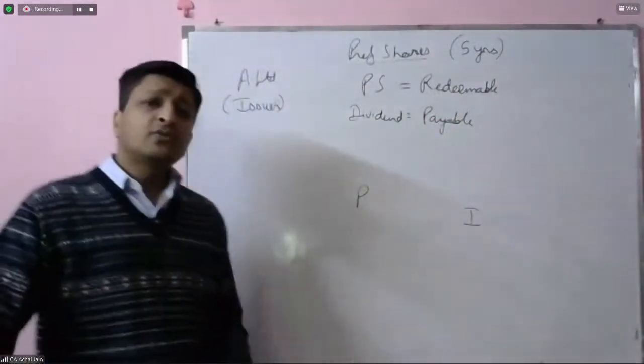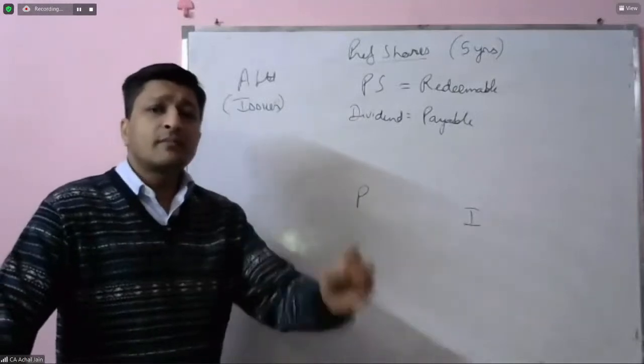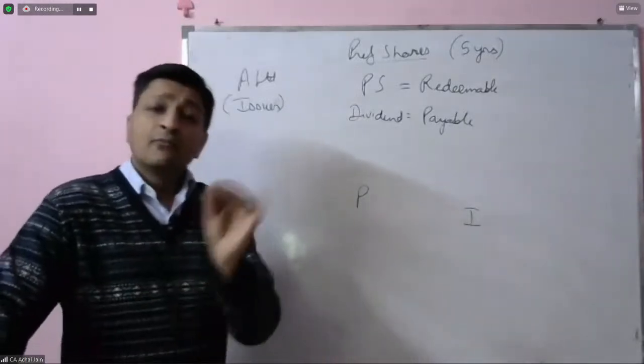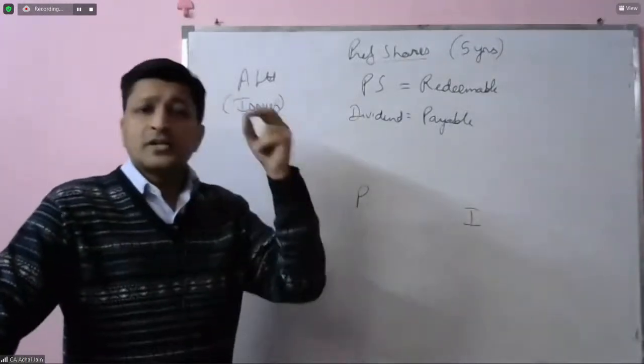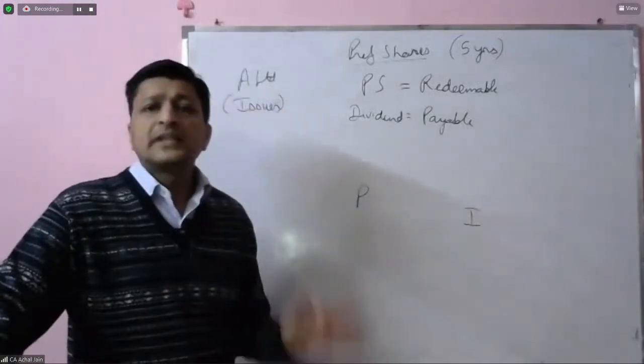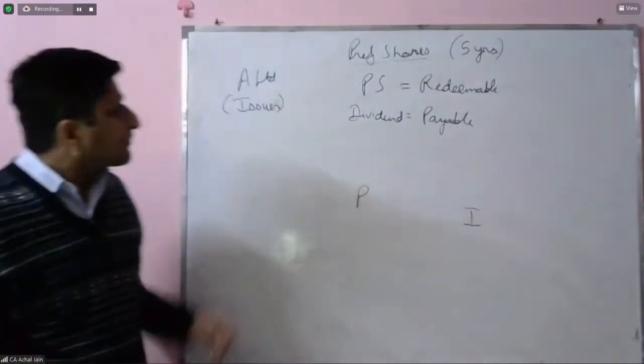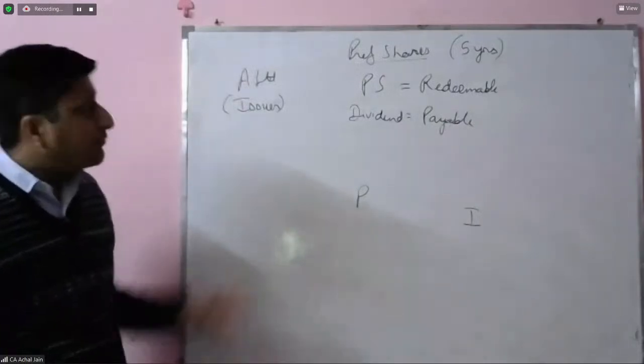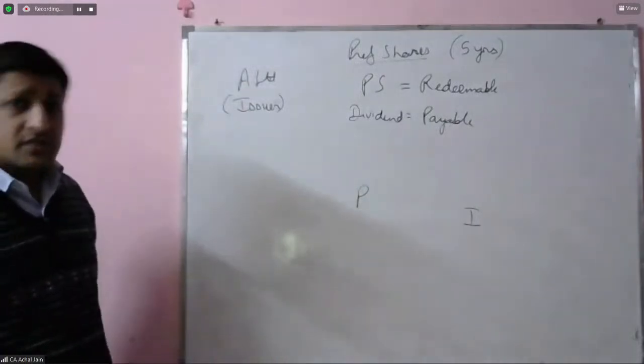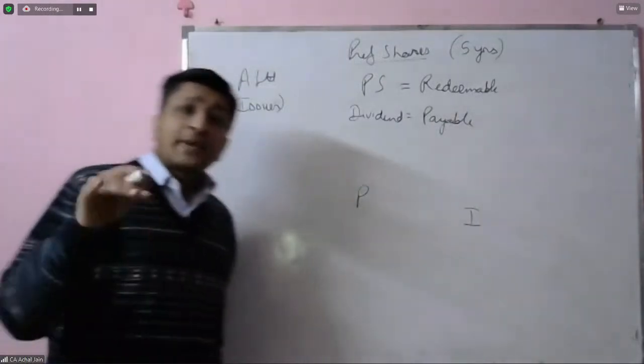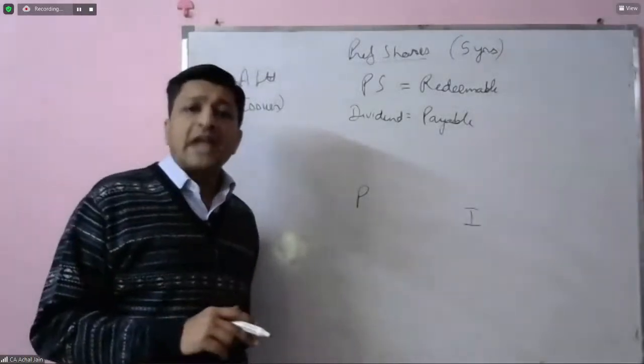Whenever we have to check whether an instrument will become equity or liability, we always need to check two components in that instrument. In this case, if you look at the preference shares, these are redeemable. So that means principal will be required to be paid in cash.